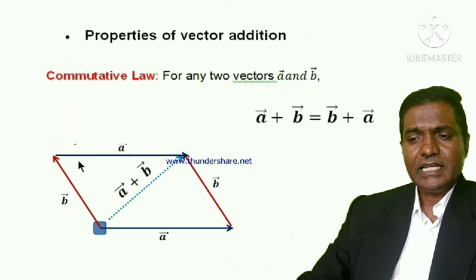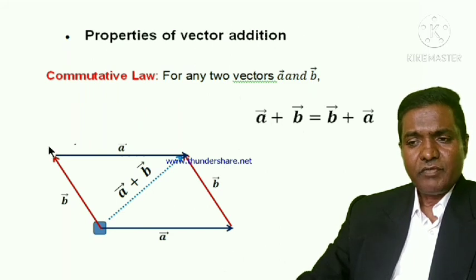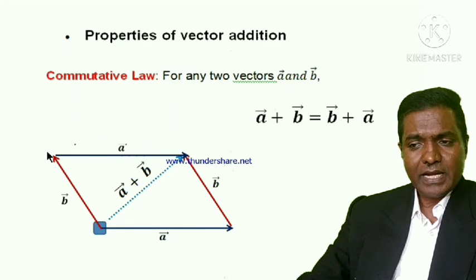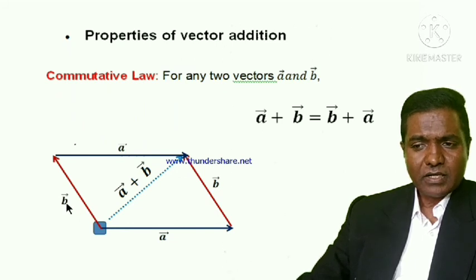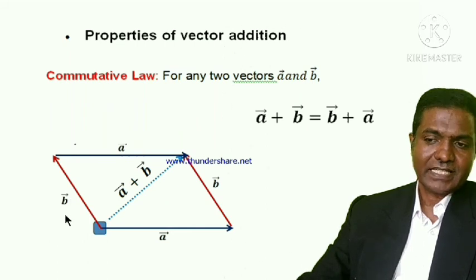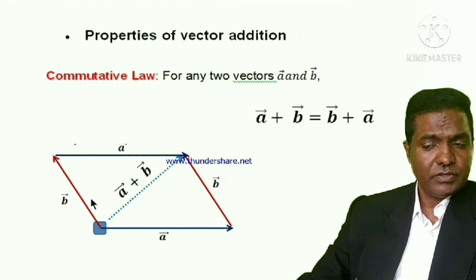Similarly, if you apply the triangle law for this other triangle, B plus A is taken along the same direction, in the same order. Where this one ends, this one starts, so it is possible to add them.